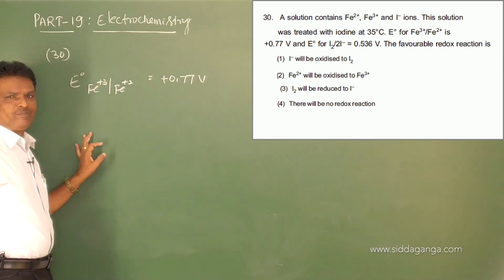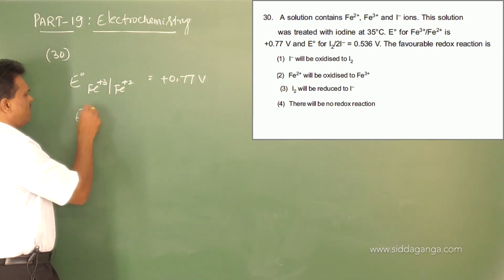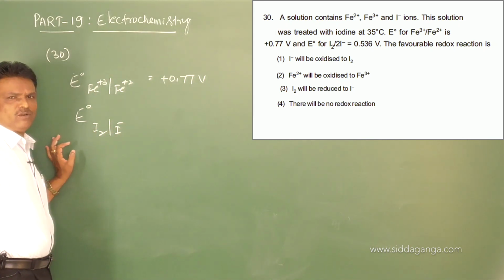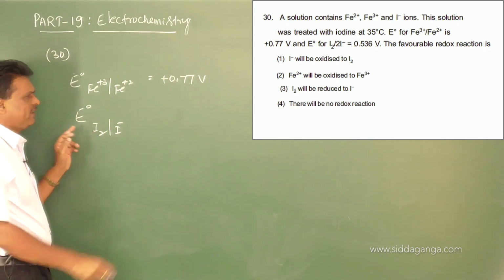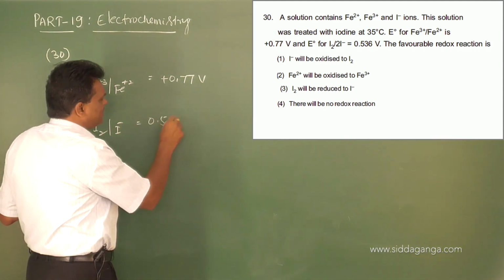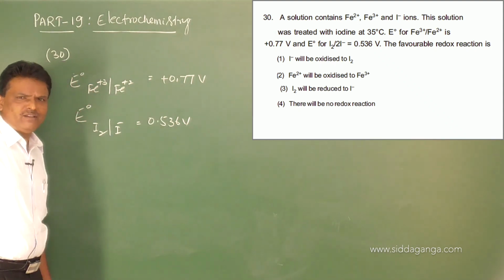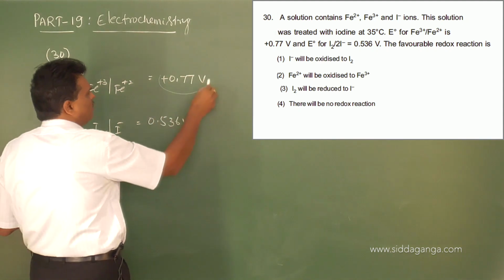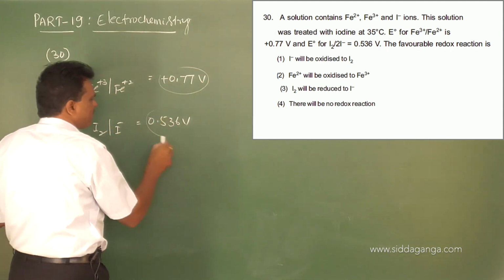Then reduction potential value of iodine to I minus is equal to 0.536 volts.